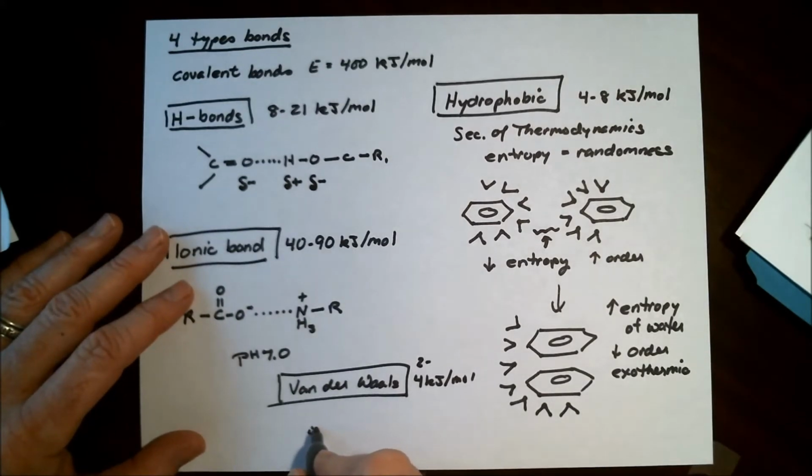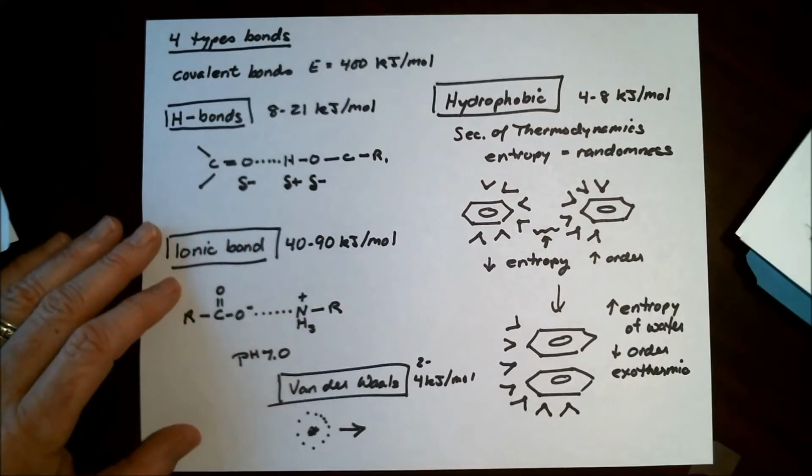So if this is our electron cloud and the nucleus, we have electrons around the nucleus. Now, under normal circumstances, if we calculate the position of these electrons, they should be randomly distributed. But on occasion, we will be able to induce something like this.